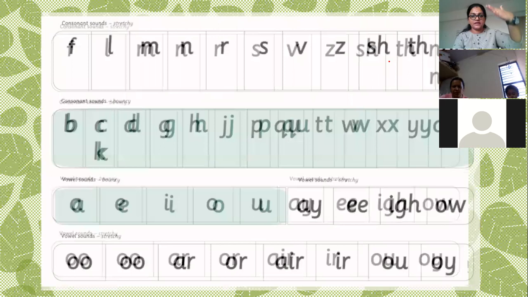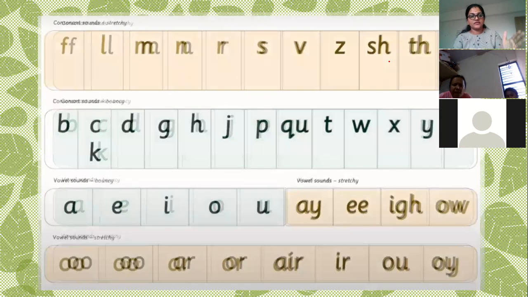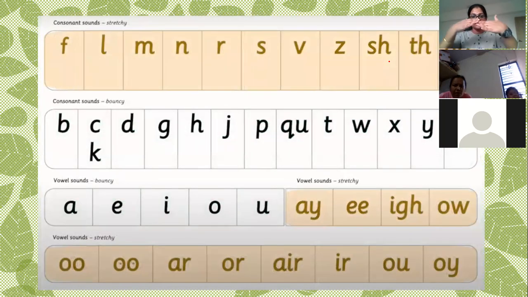We are going to see the same concept with color coding. Now these are the sounds that have to be bounced. B, k, d. They are bouncy. You should not stress here. B, not buh. That's all. But the stretchy ones, they have to be said for a longer time.